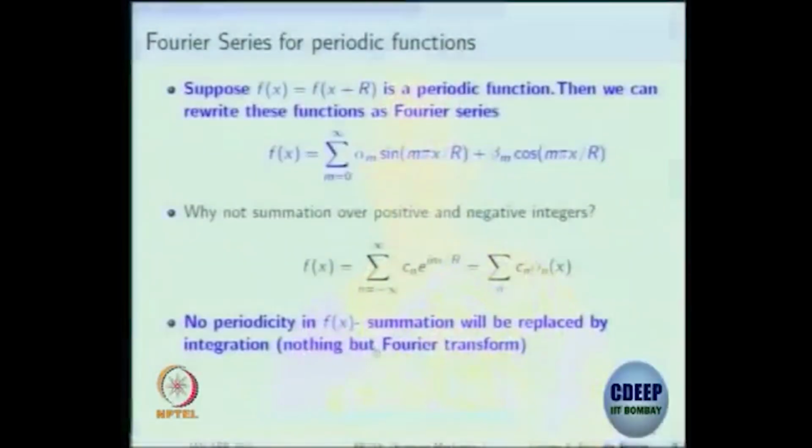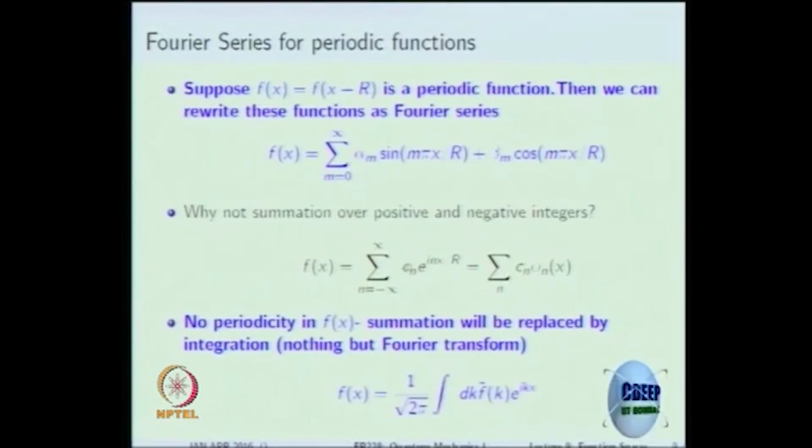So you have to replace your summation by an integration, and that's your familiar Fourier transform with basis functions e to the ikx. Clear? Basis functions are e to the ikx, and the Cn analog is your Fourier transform components f tilde of k.